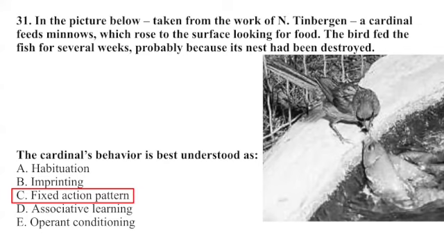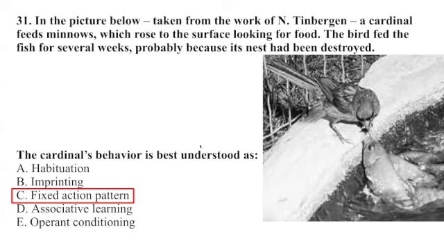D, associative learning, is actually the process by which an association between a stimulus and a behavior, or between stimuli, is learned. So that's things like Pavlov's dog, with classical conditioning, or operant conditioning. Operant conditioning is when a particular behavior is reinforced or punished, which results in an altered probability that the behavior will happen again.